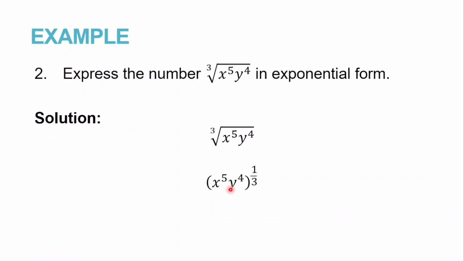Okay, so we can distribute the exponents to the outer exponent. So 5 times 1/3, that's 5 over 3, and 4 times 1/3, that should be 4 over 3. Let me fix that. And there we go.